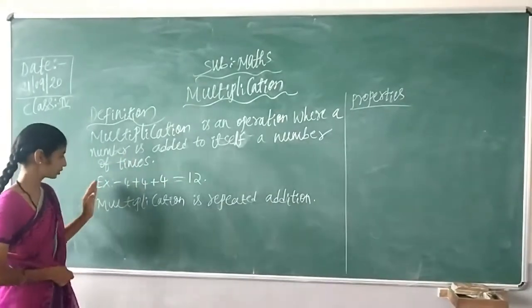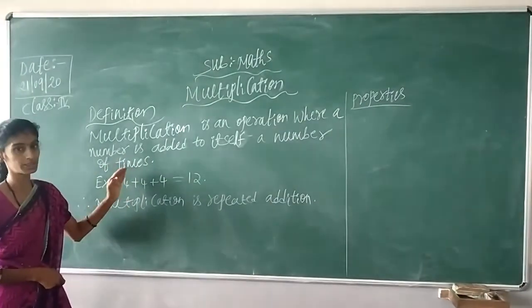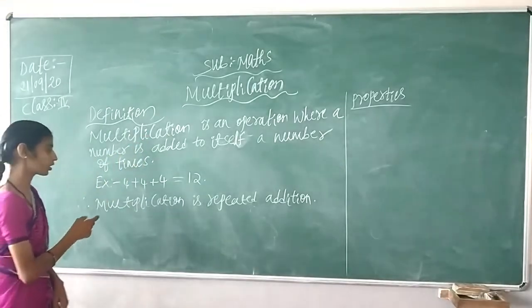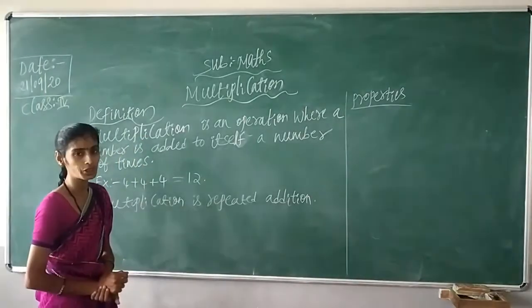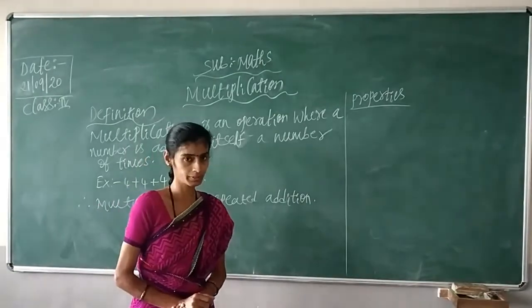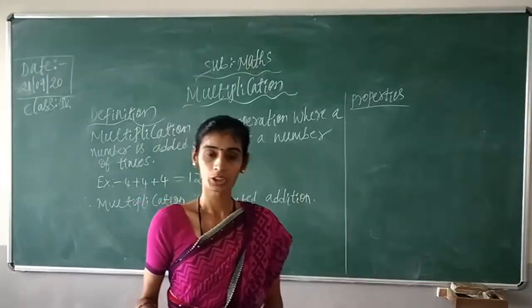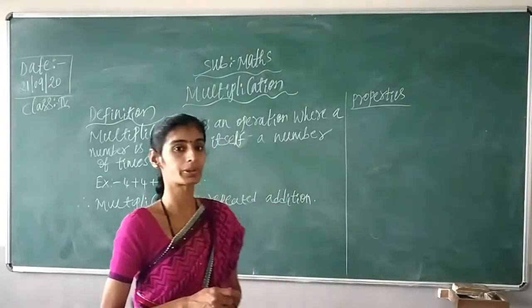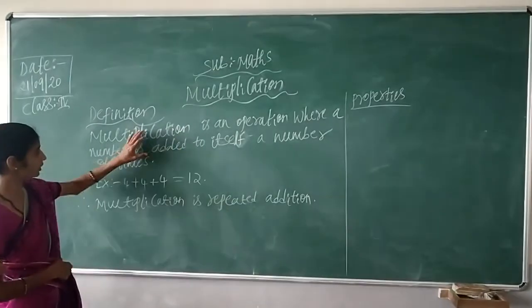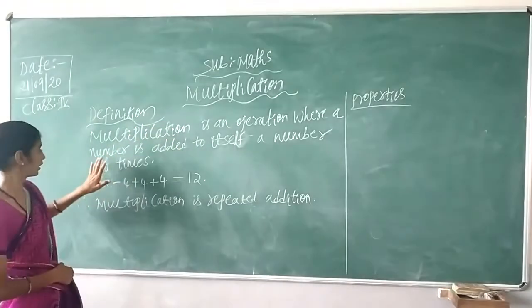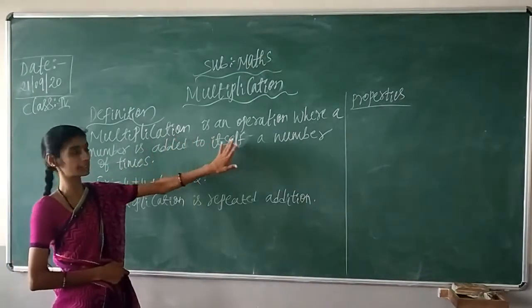I have given you an example children to make you understand the definition. Here you can see 4. Is 4 an alphabet? No. 4 is, as you all know, a number. Now what does the definition say? A number is added to itself.